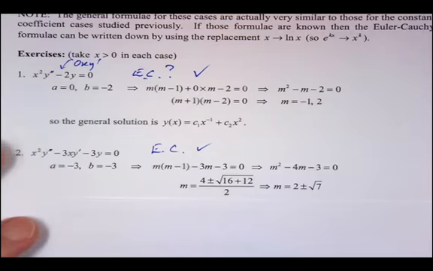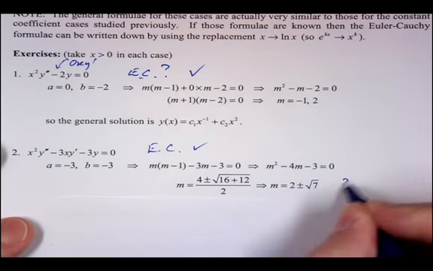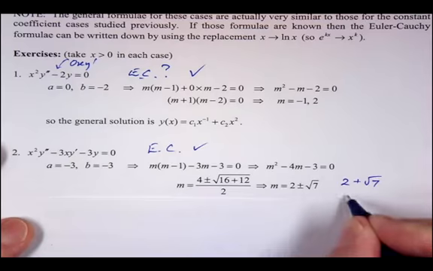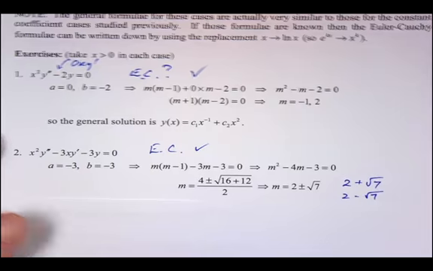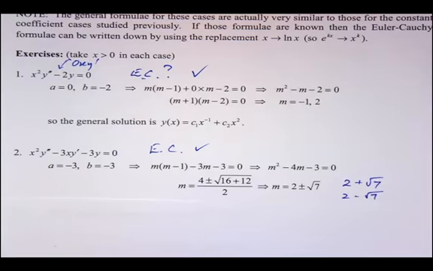Why is it 1? Because there aren't any i's timesing this second term, are there? Root 7 is a number between 2 and 3. 2 squared is 4, 3 squared is 9, so the square root of 7 is a number between 2 and 3. 2 plus a number between 2 and 3 is a number between 4 and 5. 2 minus a number between 2 and 3 is a number between 0 and minus 1.